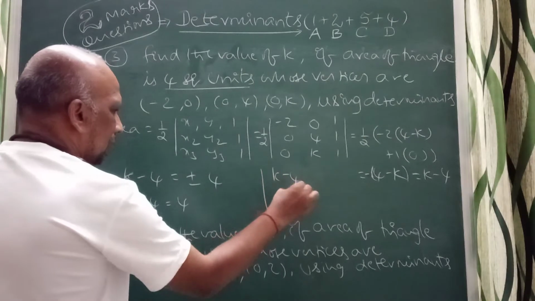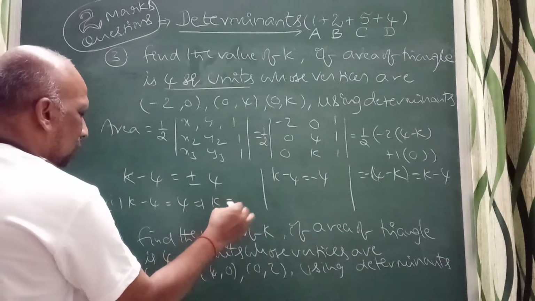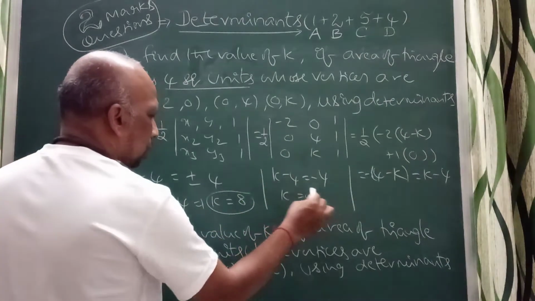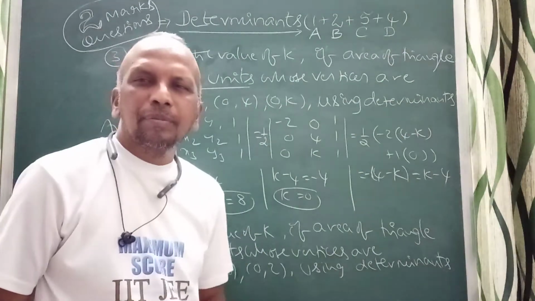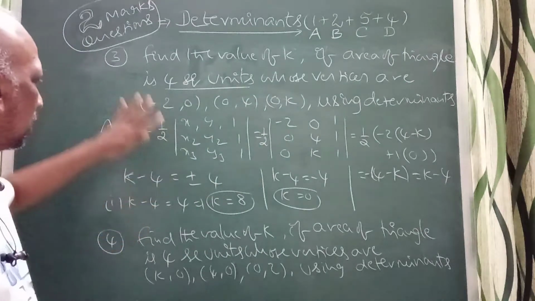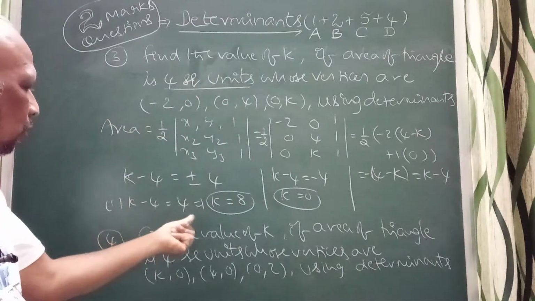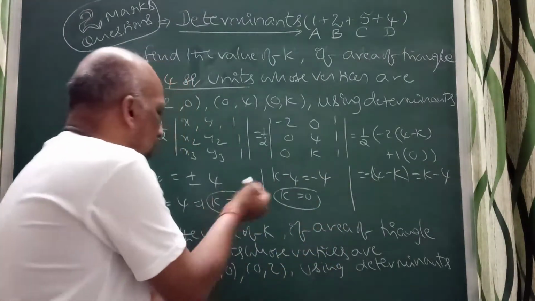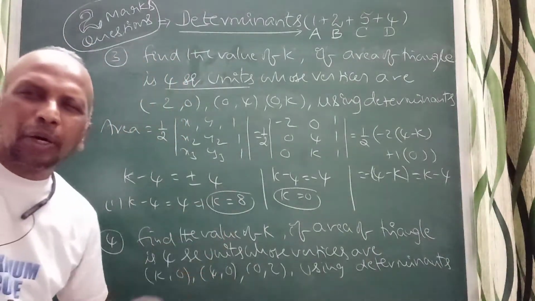Case 2: k minus 4 is equal to minus 4, k equal to 0. Whenever they are asking to find an unknown value, consider the area equal to plus or minus the given value. So the answers are k equal to 0 or 8.